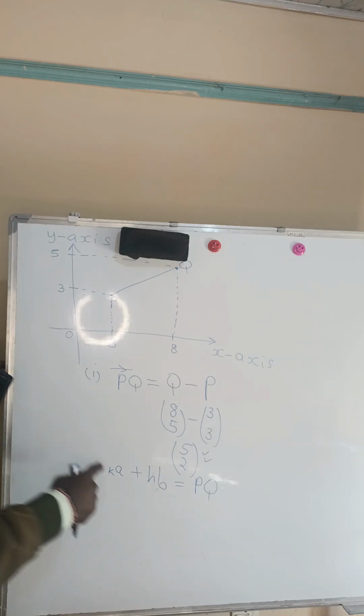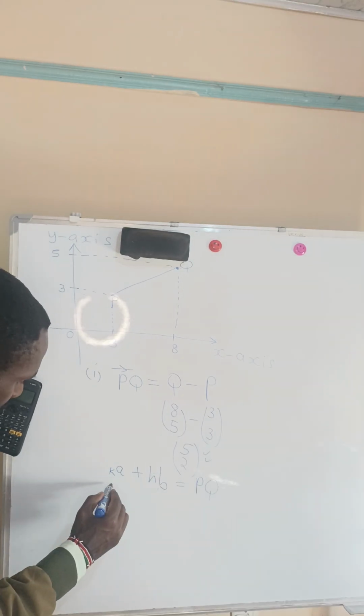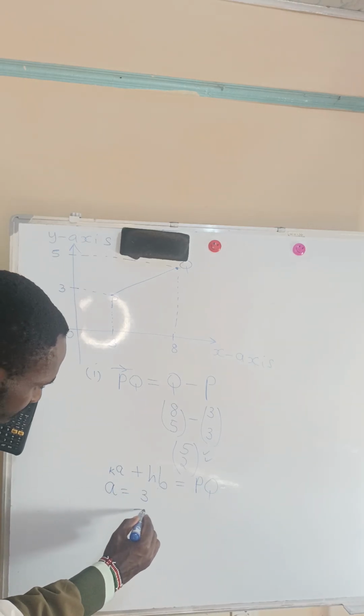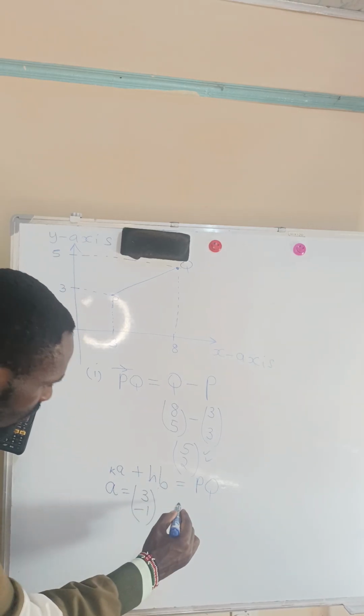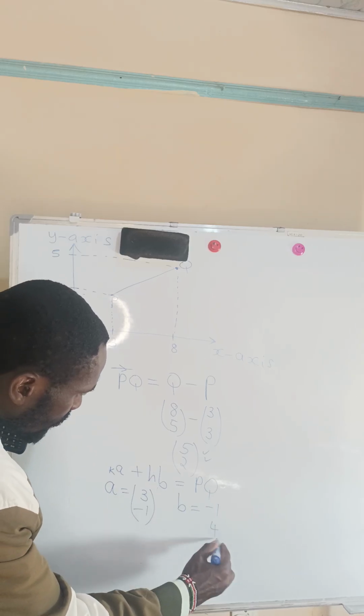Then, how do I get the values of these two constants, which are K and H? I've been told that vector A is equivalent to 3, negative 1. And vector B is equivalent to negative 1, 4.